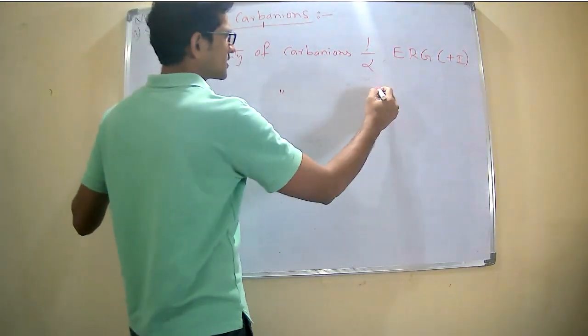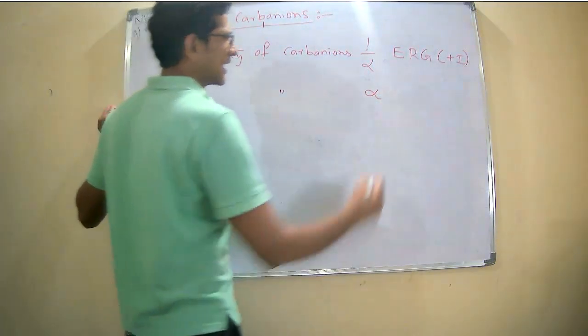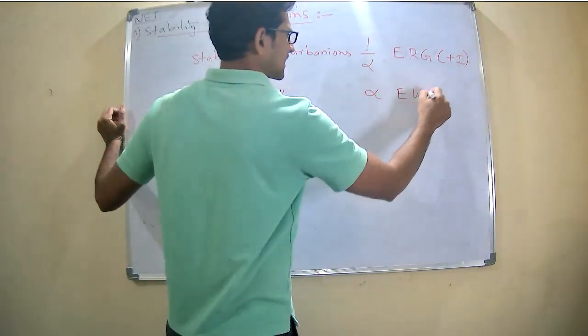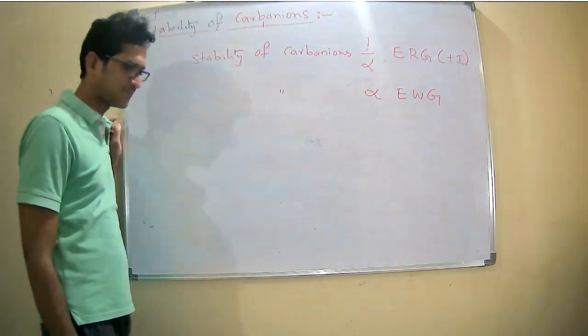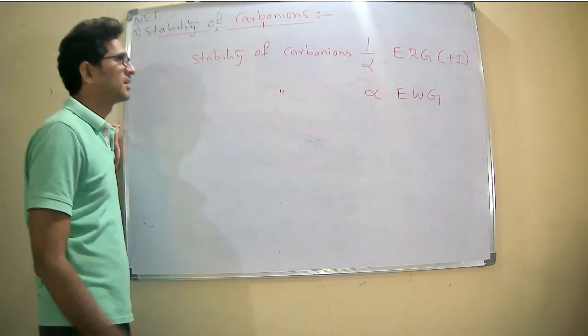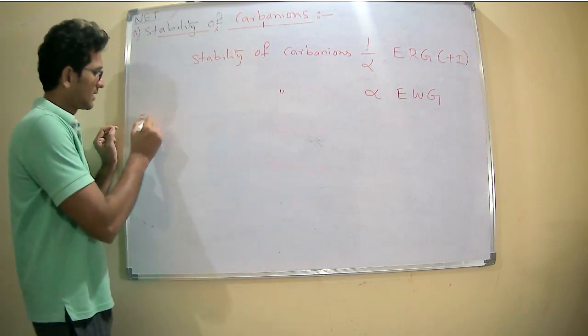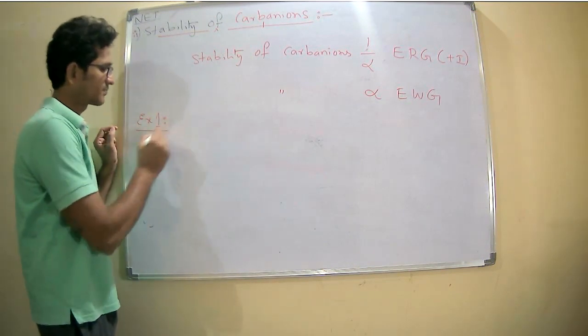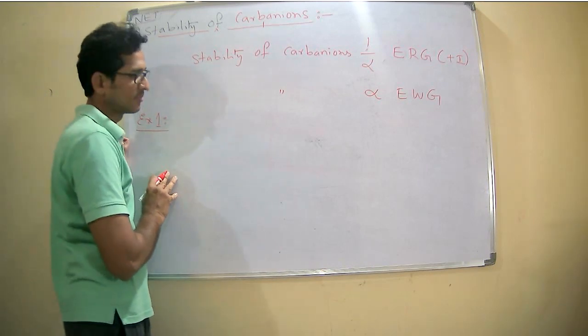Therefore, the stability of carbanions is directly proportional to the electron withdrawing group. Right? So under this we will discuss some examples.